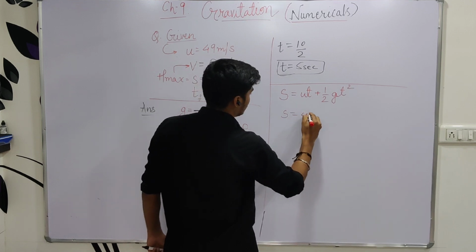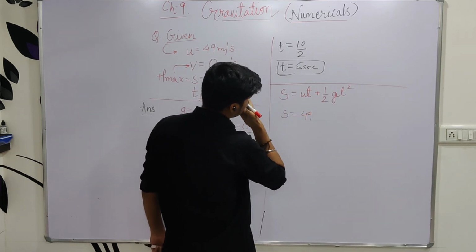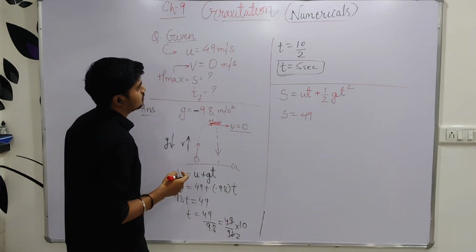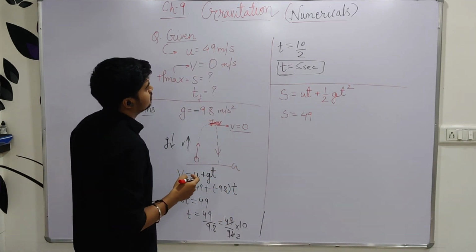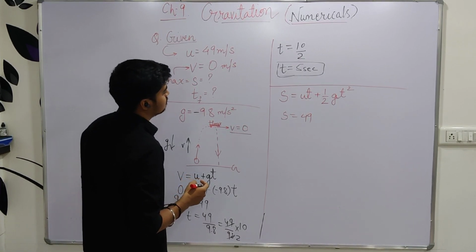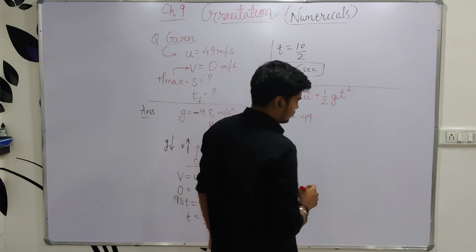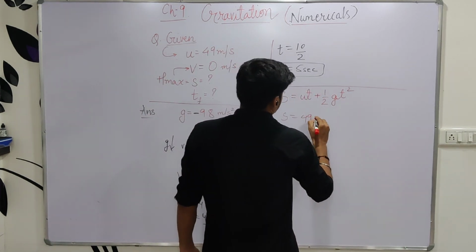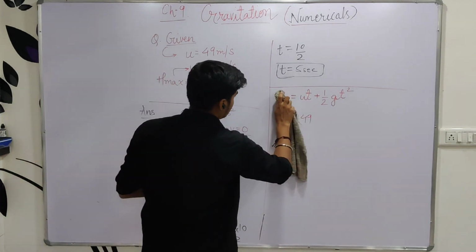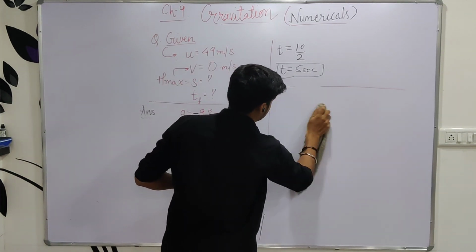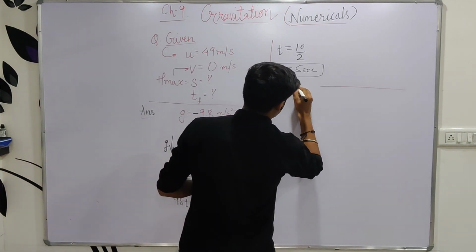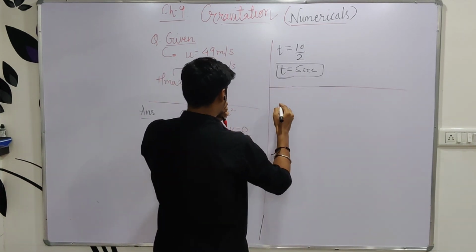Putting the values, 49... I think the third equation will be easy to calculate, so we will go with the third equation. By using these also you can calculate the answer, but the third will be easier.